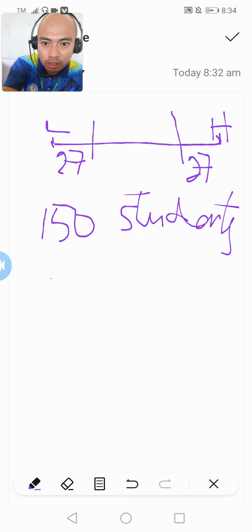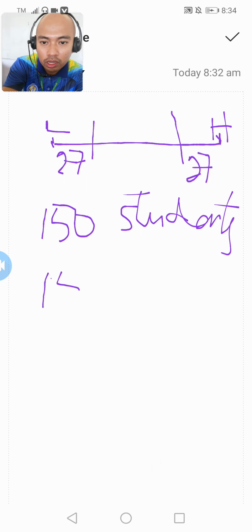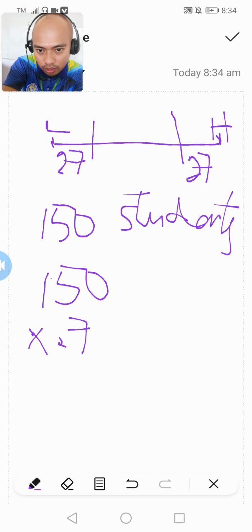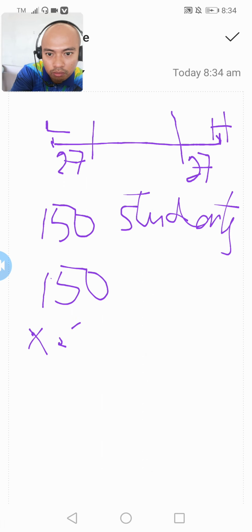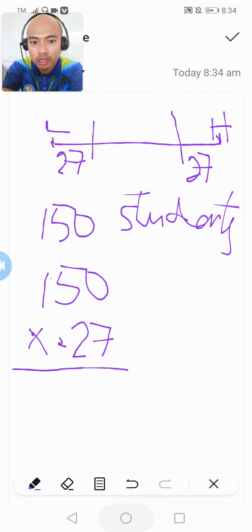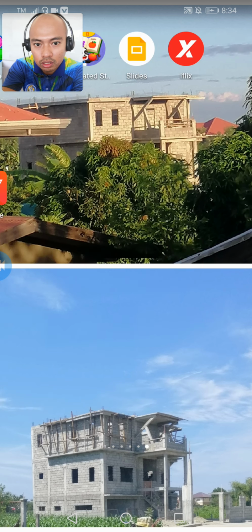We will be multiplying 150 by 0.27. So, ganun yon. So, if we will multiply 150 by 0.27, we will come up with this.